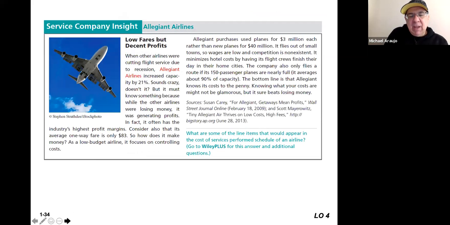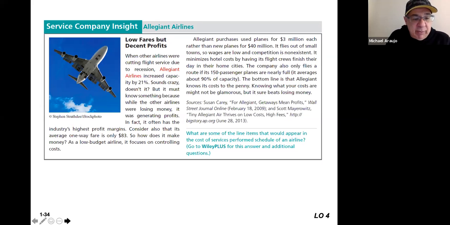Okay. So this is interesting. I don't know if you've ever flown Allegiant Airlines. I have several times. And this particular story on page 17 in your book is actually quite interesting because it shows here that while a lot of other airlines were cutting services, Allegiant Airline actually increased their capacity 20%.